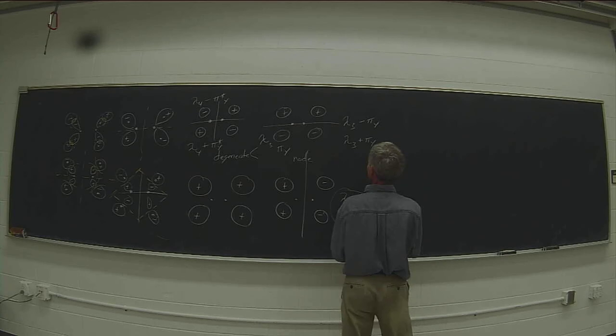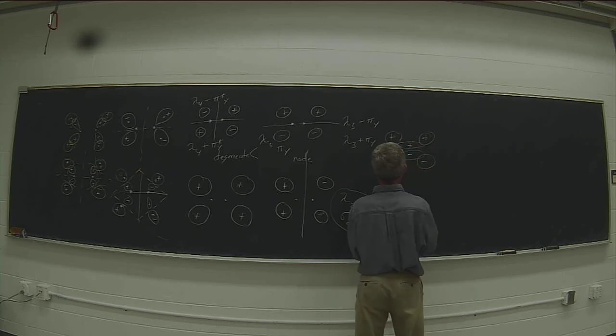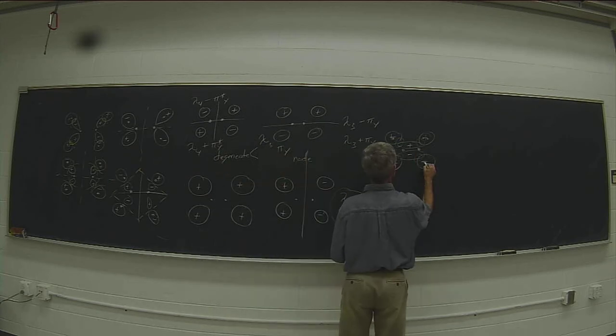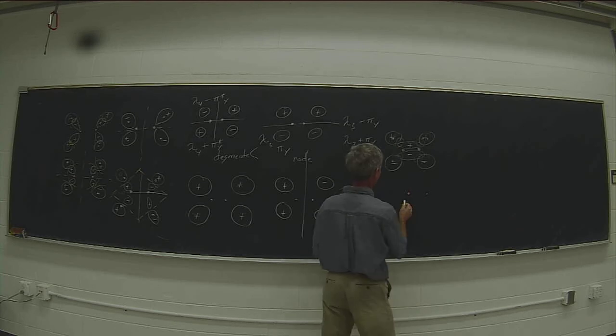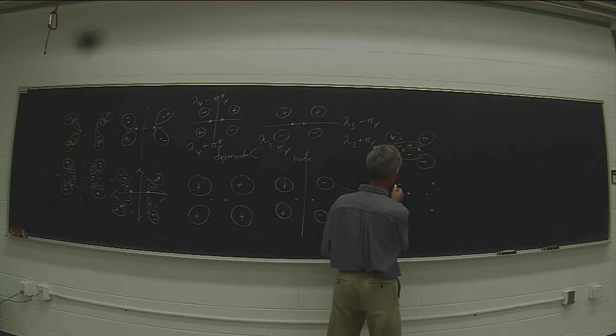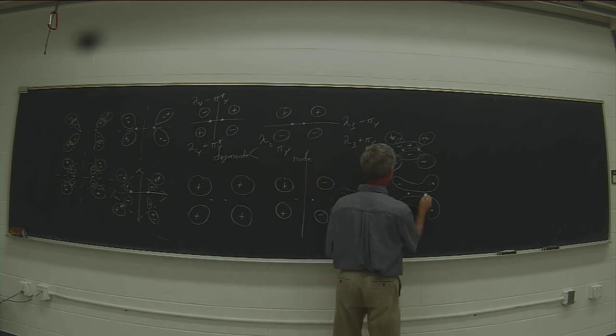The bonding combination will give you constructive interference with respect to all of the different carbon-hydrogen bonds, and will result in an orbital that basically looks like two bananas. One banana on the top, and one banana on the bottom. My art skills aren't very good.